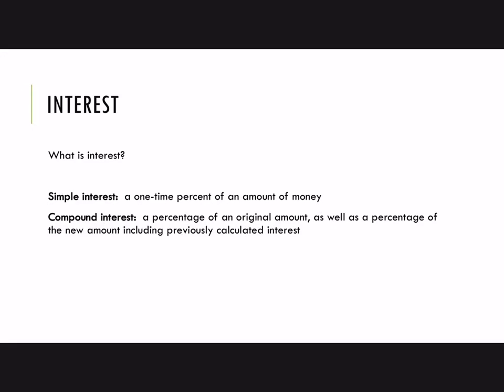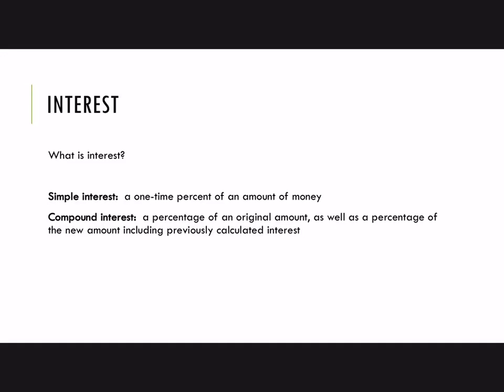Now we have two types of interest, simple and compound, and we'll talk about simple interest in this video, and we'll talk about compound interest in the future. Simple interest is just a one-time percent of an amount of money. Now you won't see simple interest for things like bank accounts or credit cards, but you will see simple interest for any sort of a purchase that you make and can't pay right away, and there's some sort of a financing fee for the privilege of paying for that in installments.